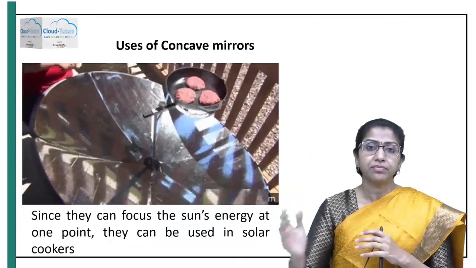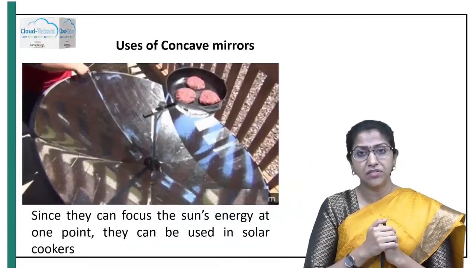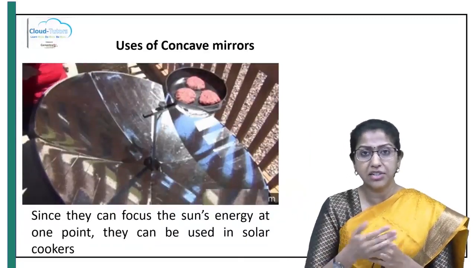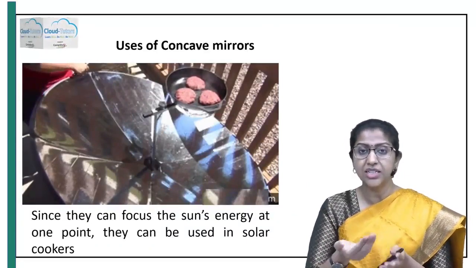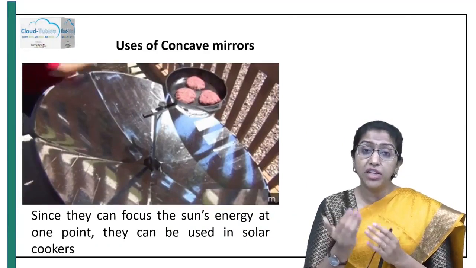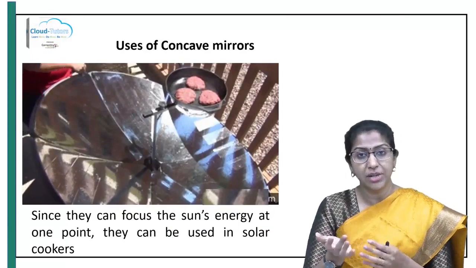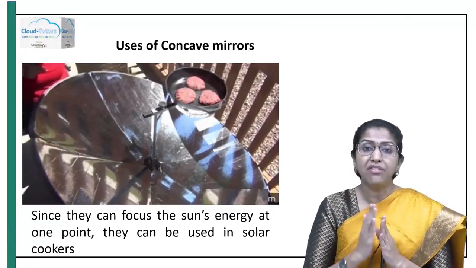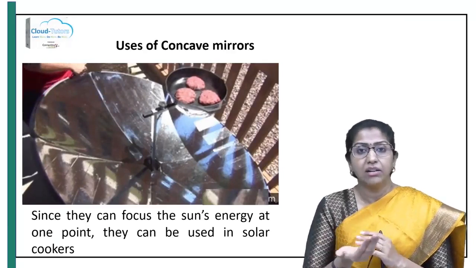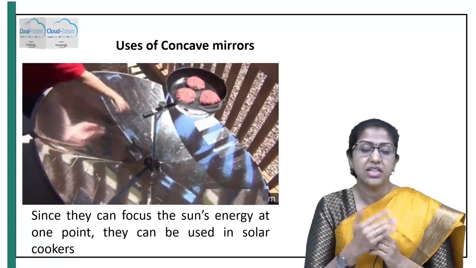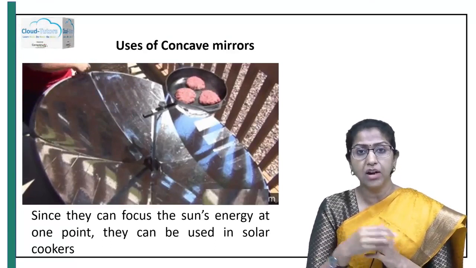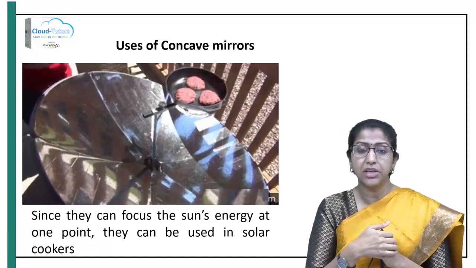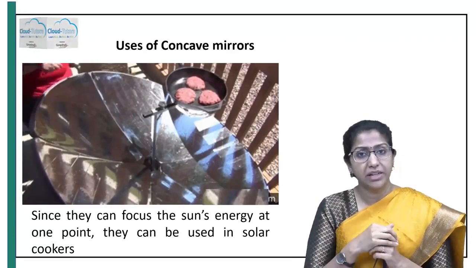Moving on, let's look at a few applications of concave mirror. One of the applications, as I told you for the last case, is when it forms a virtual, erect and a very enlarged image when the object is kept very close, that is between F and P. You get an application such as a shaving mirror, or a dentist's tool, or a makeup mirror as well.